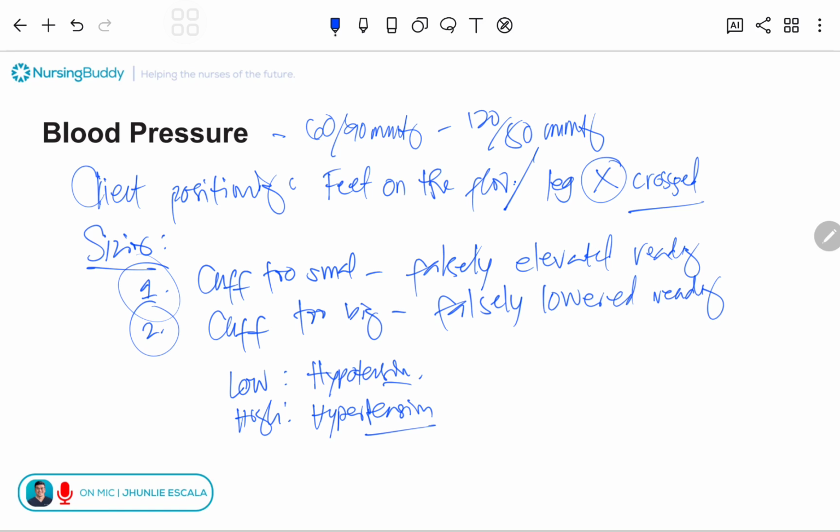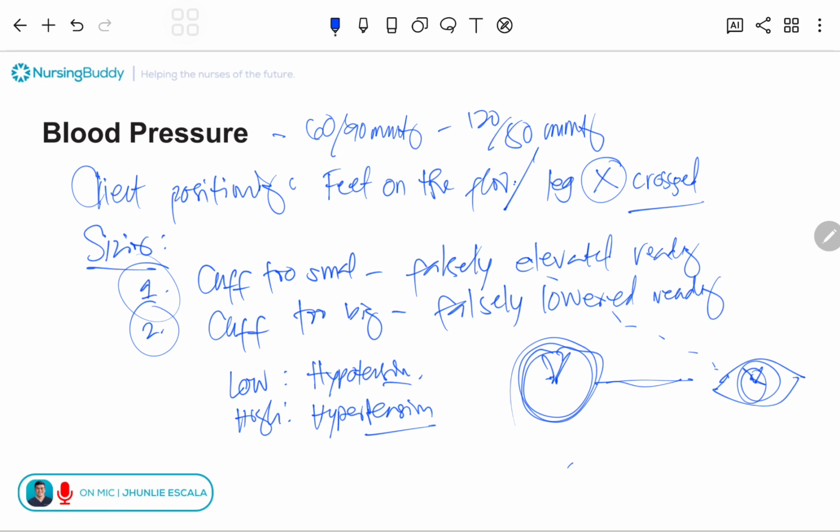Now, as I have to add this one, kapatid, when taking your BP, another thing to consider is that the sphygmomanometer, yung sphygmo po natin, the monitor of the sphygmo actually must be at the eye level of the nurse. Okay, so this is according to Kozier-Berman and Snyder's book. Kapatid, kapag hindi parallel yung mata, halimbawa if it is way higher, may nagkakaroon tayo ng alteration.